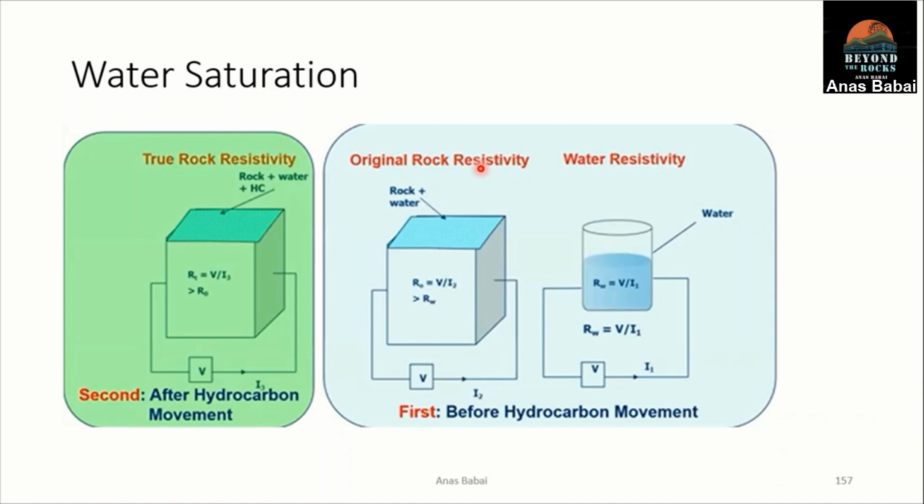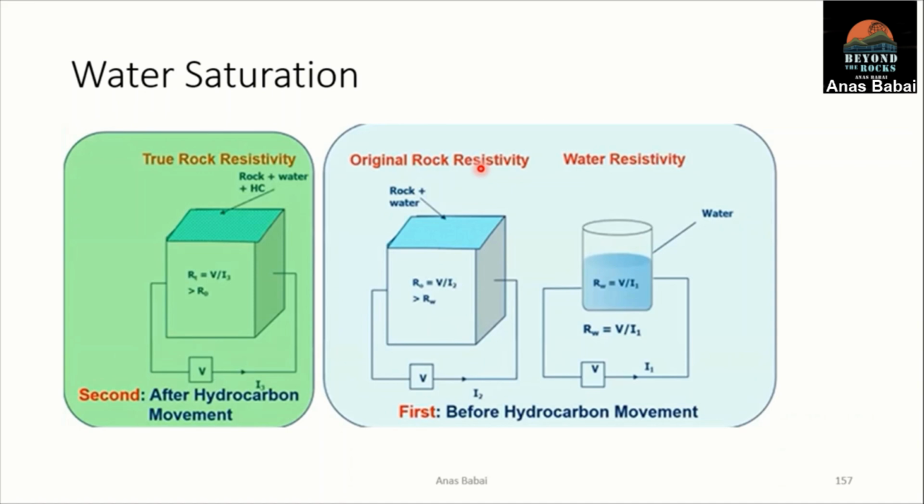So before deciding which method you are going to use for water saturation calculations, you have to get an idea about what the restrictions are for using any of those methods, and then measure the parameters and identify the best option.